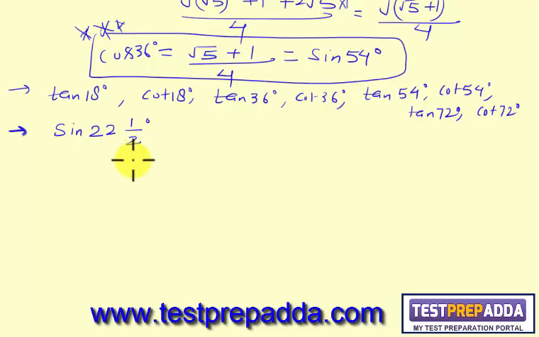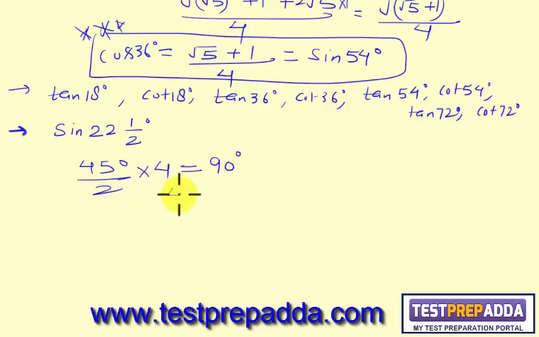If I take 4 times this 22 and a half, 4 times will be 45 by 2 degree actually, and if you do this 4 times, it becomes 90 degree.